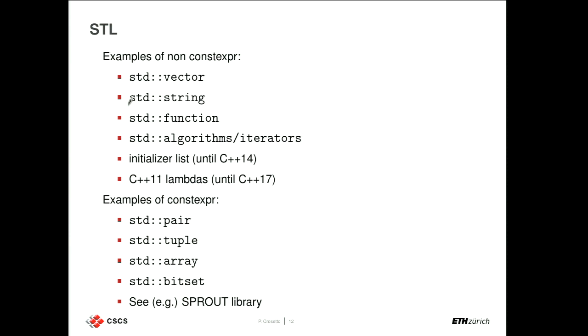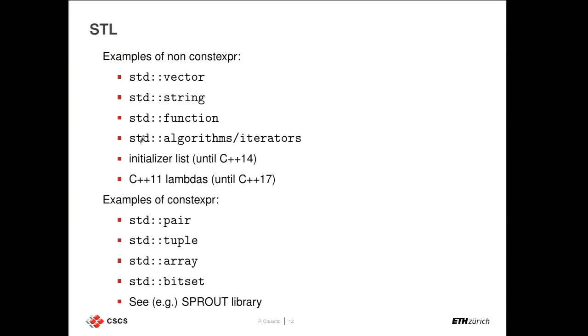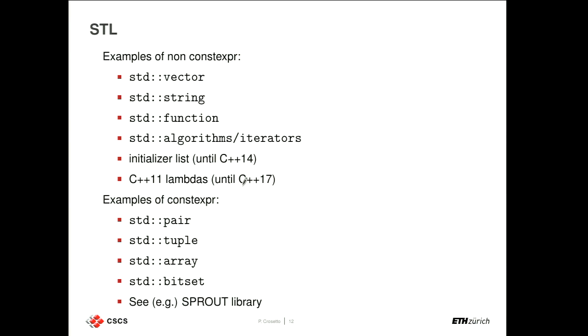The string is the same. Normally the algorithms and iterators cannot be called, as they are not labeled Constexpr. Initializer list is Constexpr since C++14, and lambdas will be Constexpr in C++17.